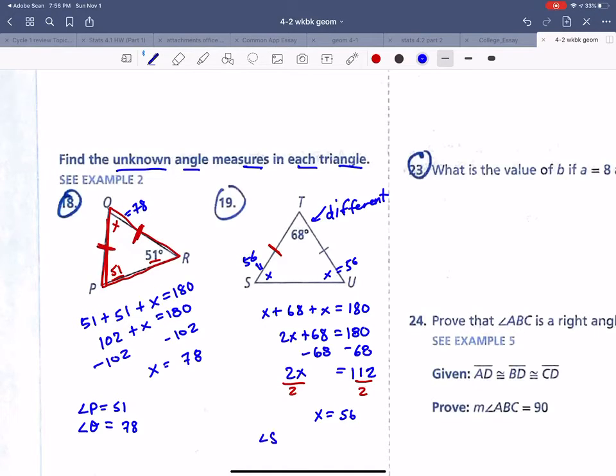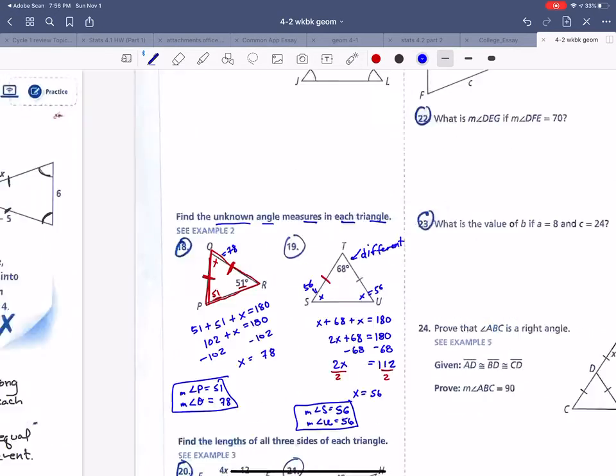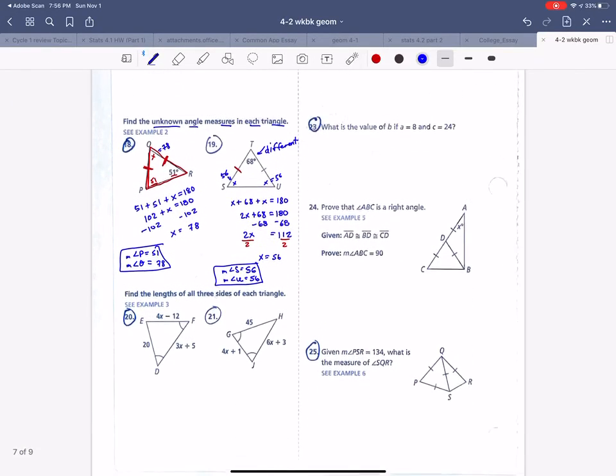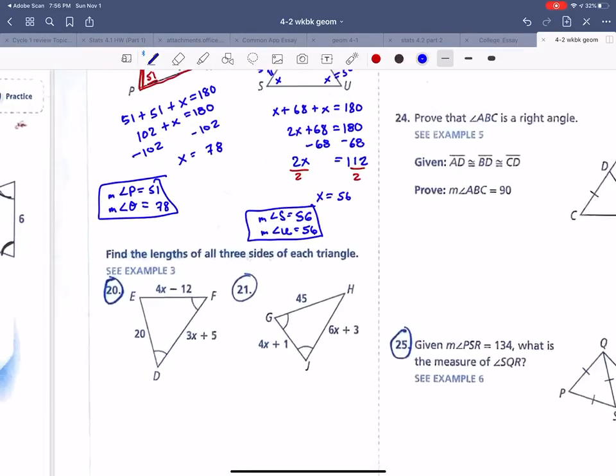So angle S has to be 56, and angle U has to be 56. And we could just list it like that, or sometimes you'll see a little m there, which means the measure of. Nice. All right, let's do a few more on this video.